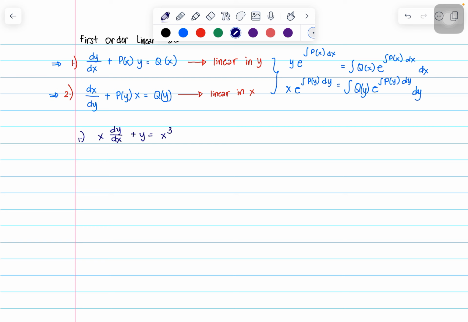So the first equation was, again, dy over dx plus p of x times y is equal to q of x. So how do we derive the equation to that form? Now we need to remove the x in the first term. So let's copy that.